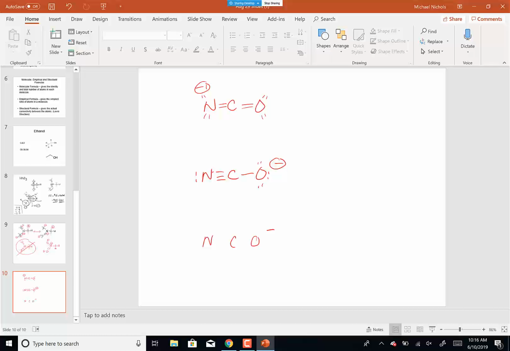Alex. Okay, so you had a triple bond between the carbon and oxygen. There's a single bond between the carbon and nitrogen. How many lone pairs on the nitrogen? And how many on the oxygen? Okay.